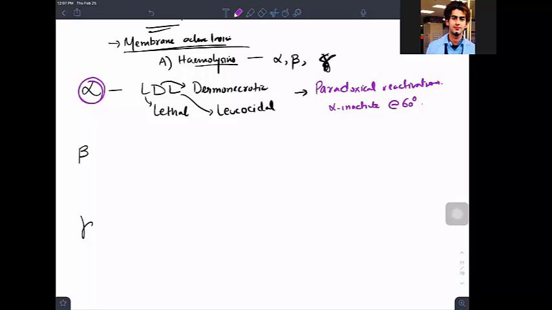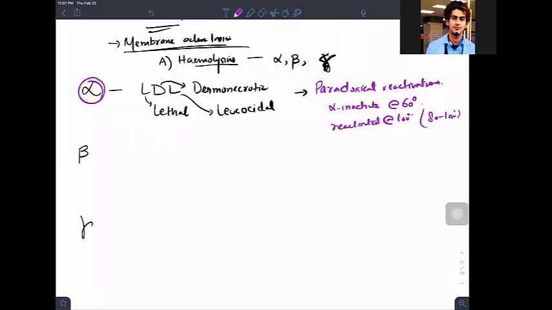Reactivation temperature is 100 degrees. So it gets reactivated at 100-degree temperature. Sometimes some books write 80 to 100, so you can also write that.